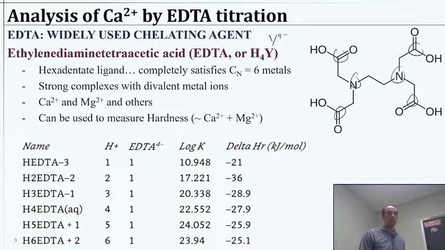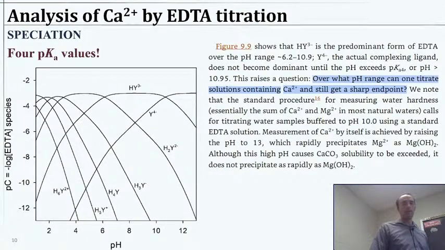We have HEDTA, that'll be a 3 minus, H2EDTA, 2 minus, H3 with 1 minus, H4, that's the standard. Then if we add one, it could be H5EDTA plus, H6EDTA 2 plus. And we could get log K values for each of these. We could look at the pKa for each spot, and it's going to be a relatively complicated system.